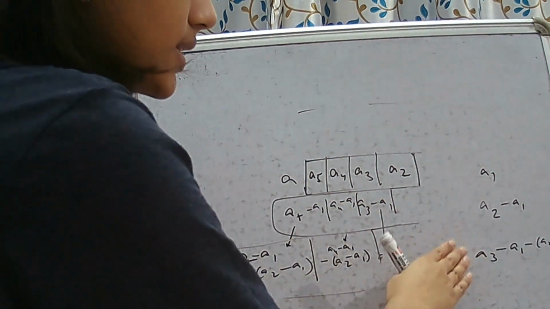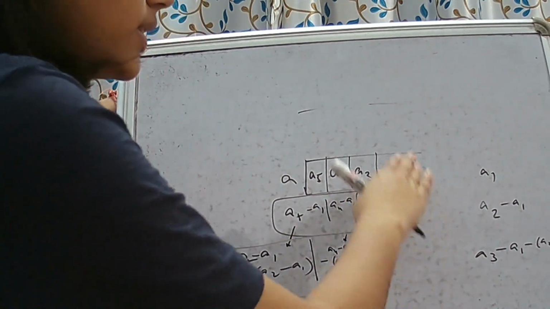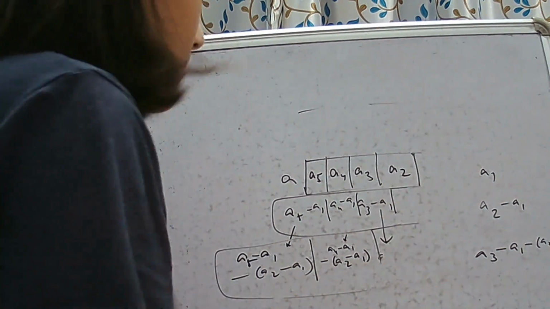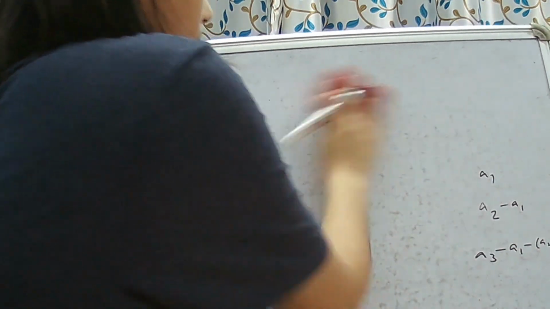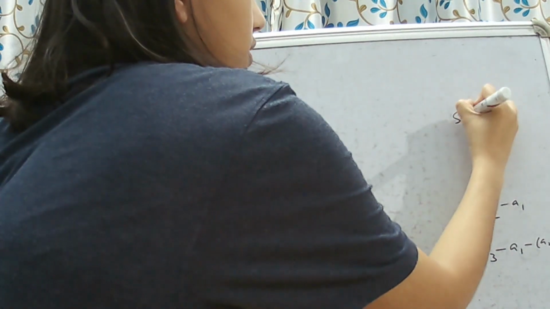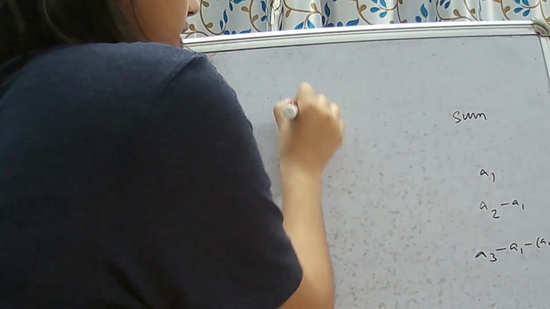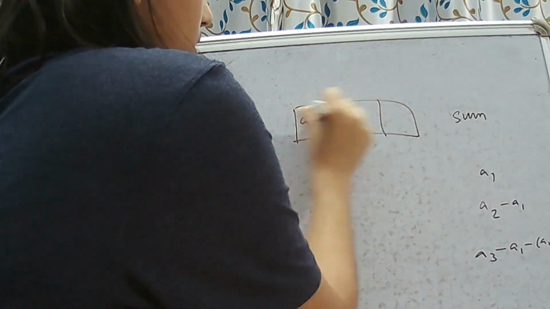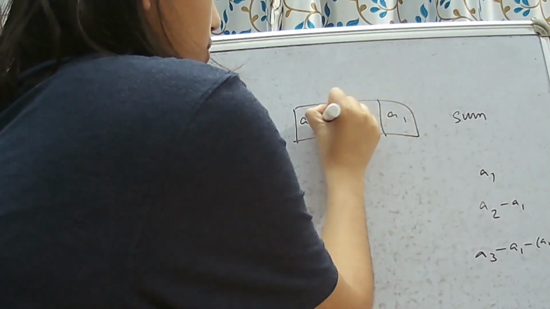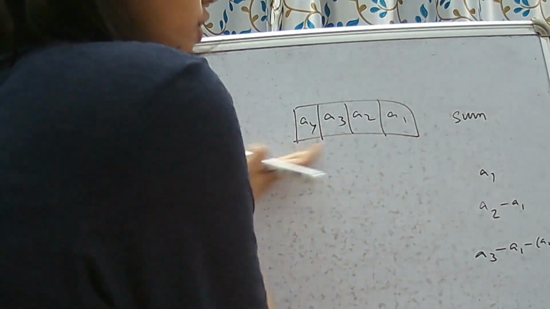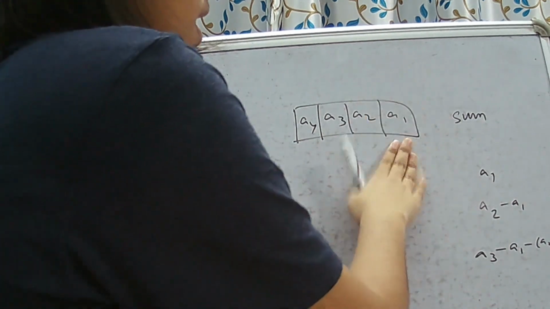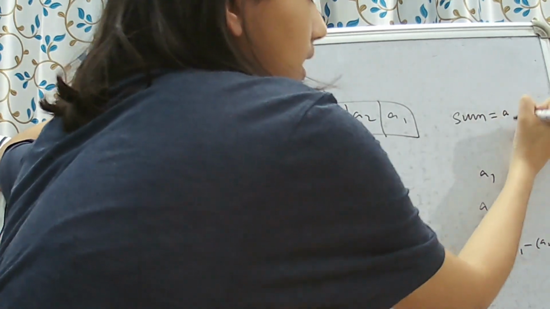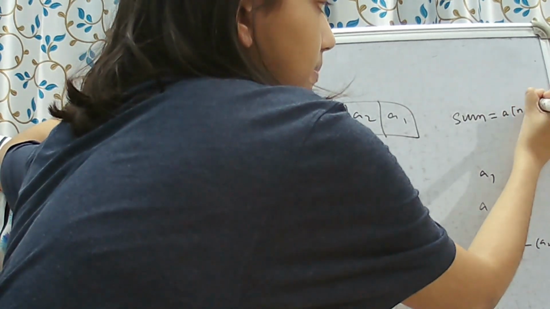So if we just keep a count of the last number of the array at any given time, consider you take a variable called sum, and initially after sorting in descending order, this is A1, A2, A3, A4. After sorting in descending order, the last element is initially A n minus 1.